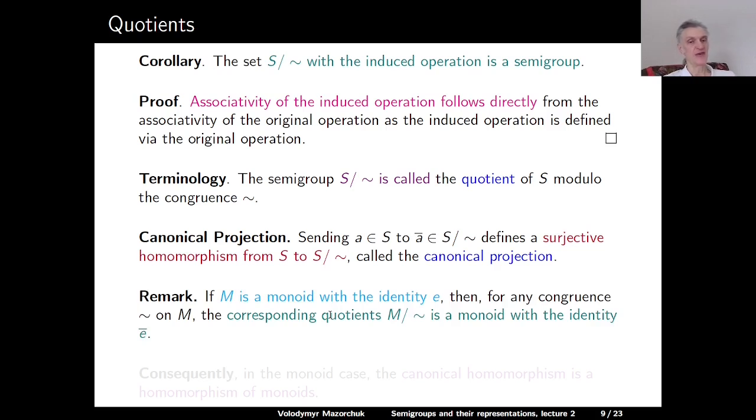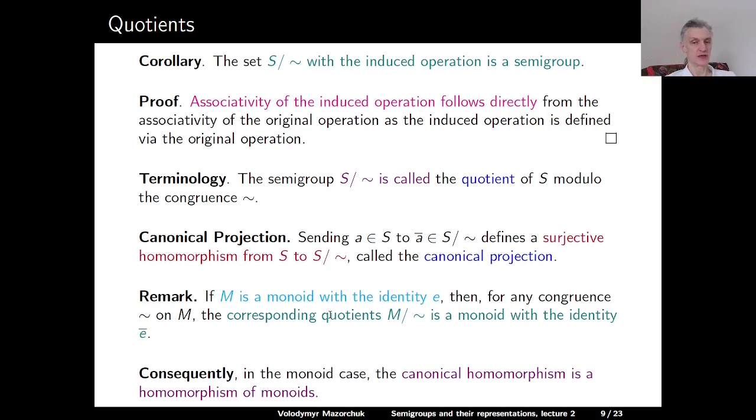Let us note that if M is a monoid with the identity element E, then for any congruence tilde on M, the quotient of M modulo this congruence tilde is a monoid, where the identity element is the class containing the identity element of M. And so for monoids, we also have the canonical homomorphism, which is a homomorphism of monoids.